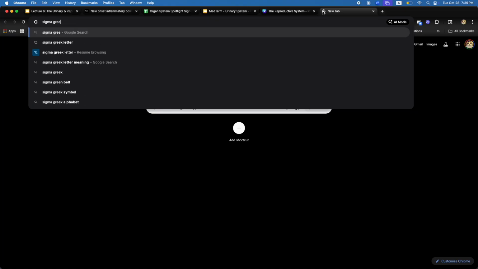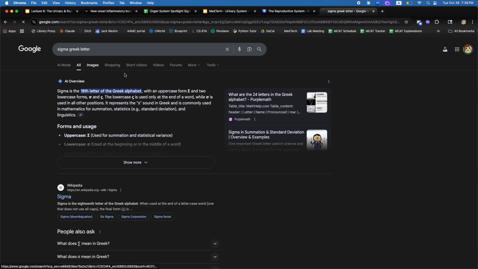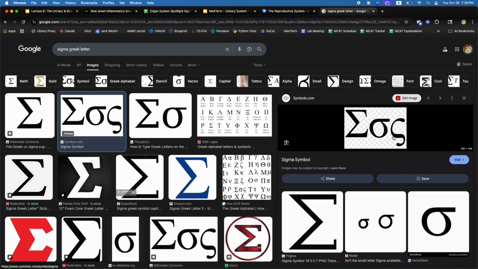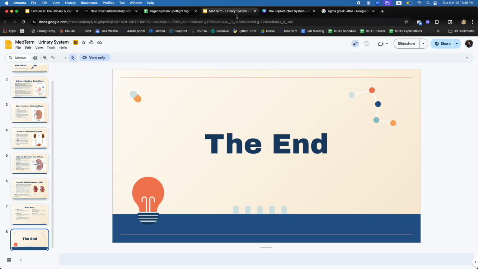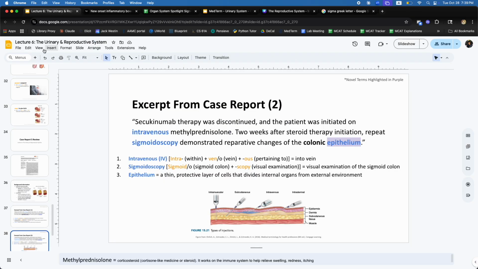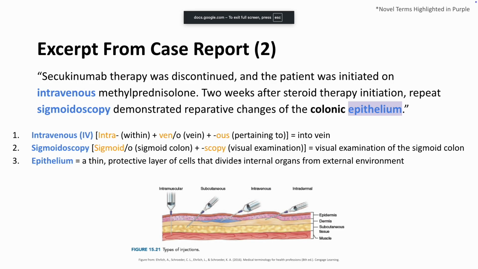The one you're probably familiar with looks like an E, but I think it's referring to this one, like an S shape. The sigmoid colon is S-shaped if you look at the diagram. So that's where sigmoido comes from. Sigmoid colon plus scopy, visual examination, so visual examination of the sigmoid colon.